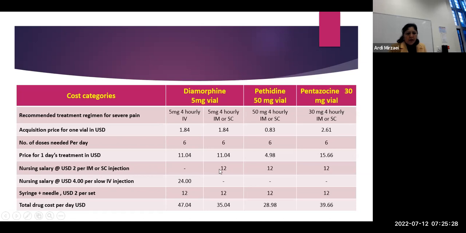So when we have to make a choice between these, pethidine 50 milligram vial, IM or SC, is costing the least, 28.98. All of them have similar effectiveness. There is no compromise on that. So, keeping that as a constant factor, the most economical is the preferred one.